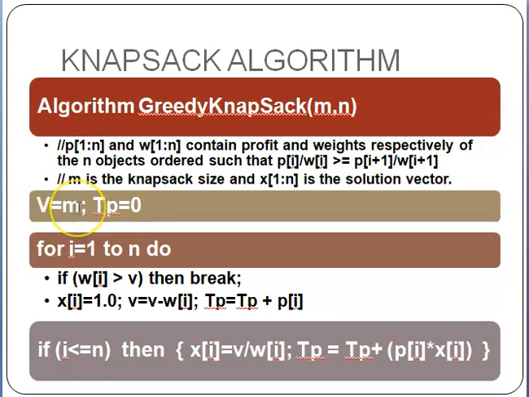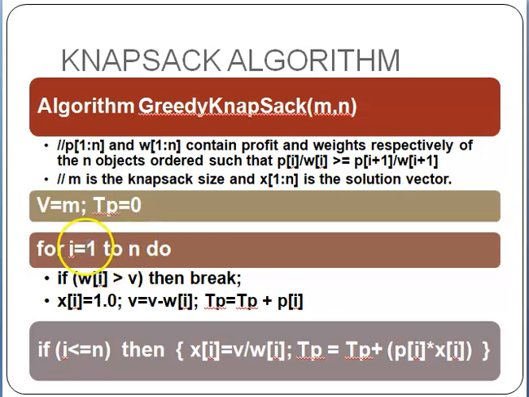M is our total capacity of the bag. We'll copy that into a variable. Why? Because as we select an item, we are going to decrease the capacity by the weight of the item. And total profit is the variable in which we will store the profit that we earn out of a particular selection.